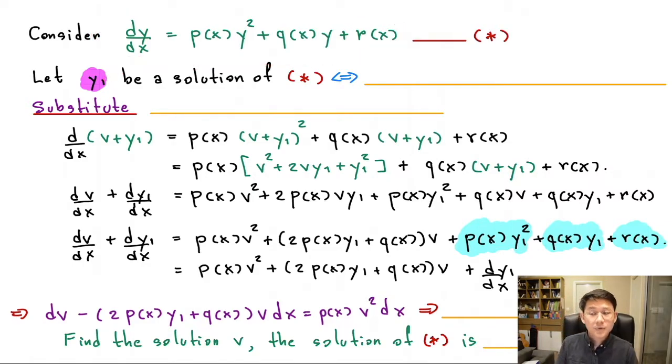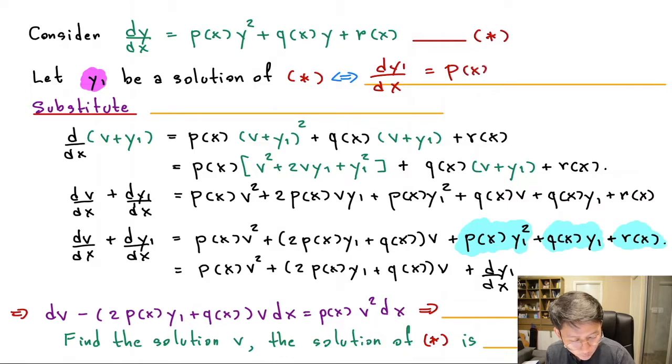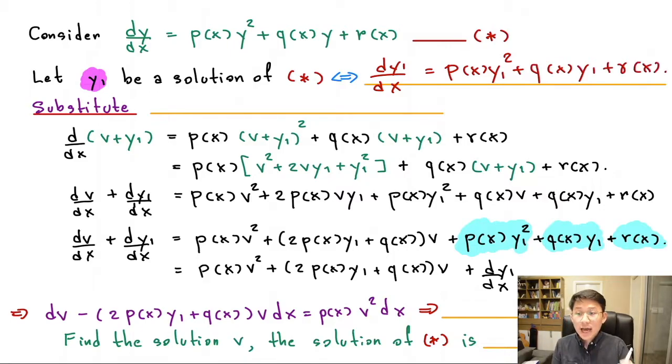So if y1 is a solution, we know that dy1/dx equals p(x) y1 squared plus q(x) y1 plus r(x). We know that is correct because y1 is one of the solutions. So if you substitute y with y1, it needs to be true, isn't it?